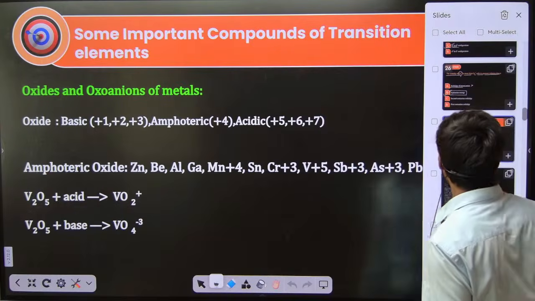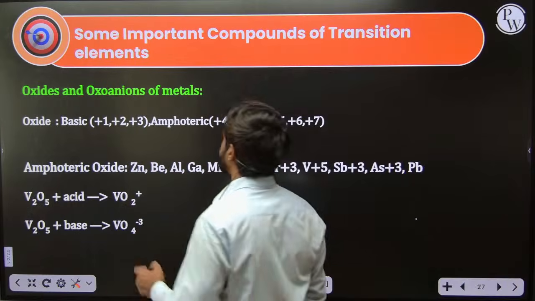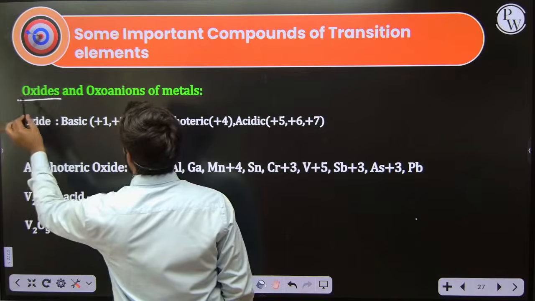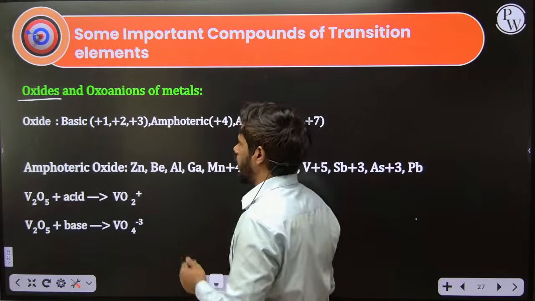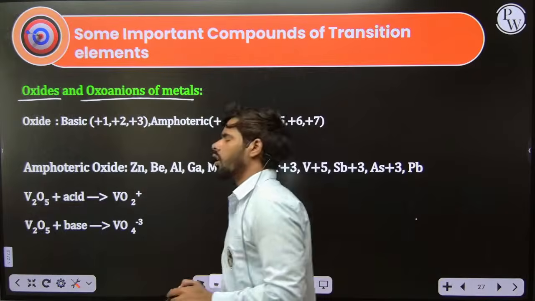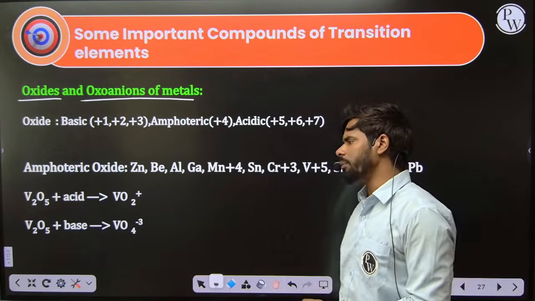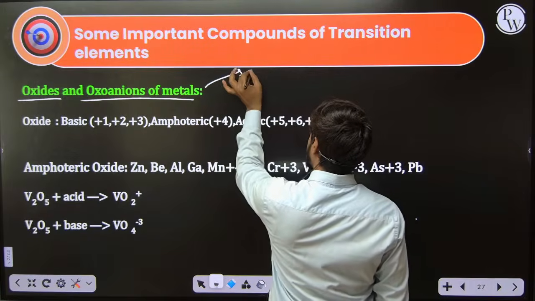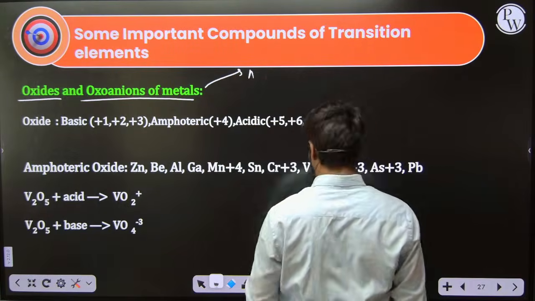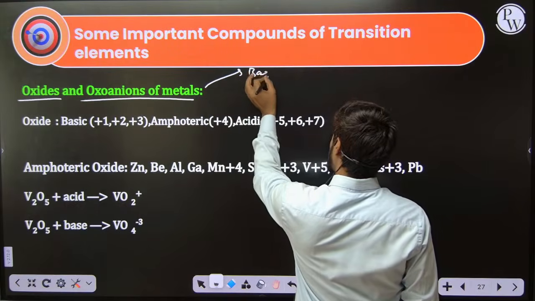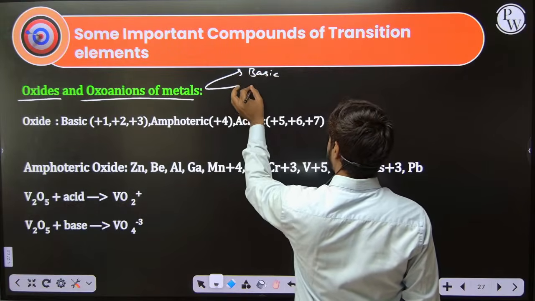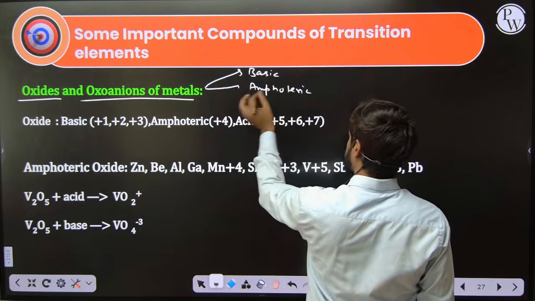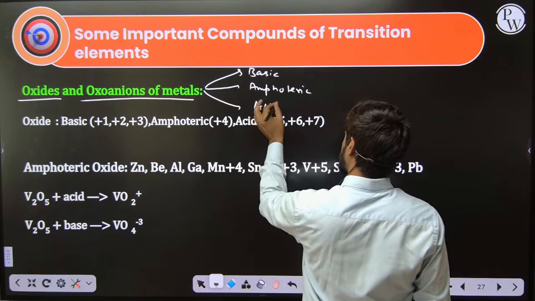Okay, let's see some other compounds, some important compounds of the transition elements. First, oxides and oxo anions of metals. Oxides of metals can be basic, acidic or amphoteric.